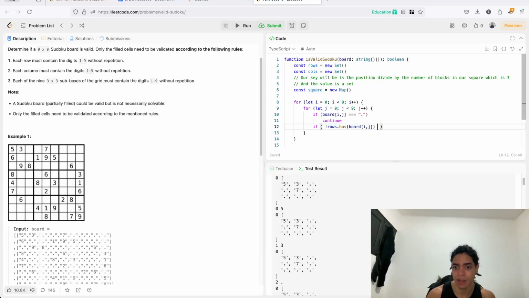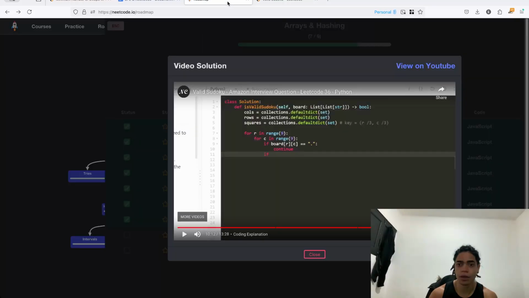If the value of this position exists in our rows, because that's exactly what we're going to store here, then we return false.